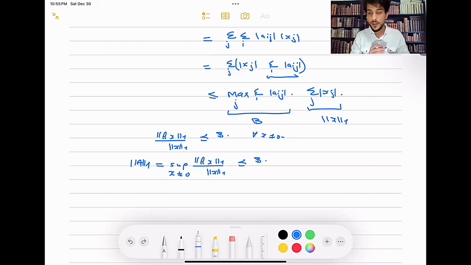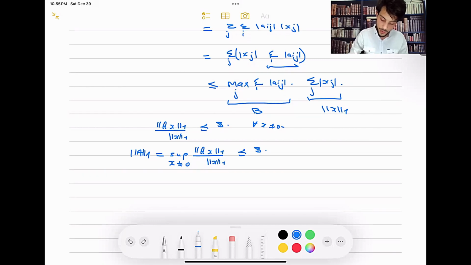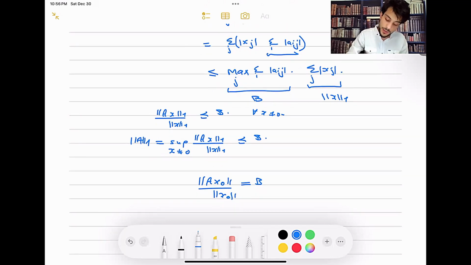What you do is upper bound the supremum with that value, and then prove that there is an x that attains that upper bound. So let me try to explain what I'm saying here. If you could find an x_0 that is not 0, such that this is attained, then what we can do is upper bound this by the supremum, by this thing.